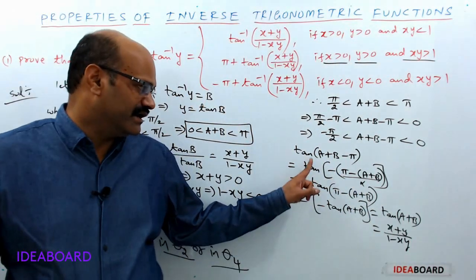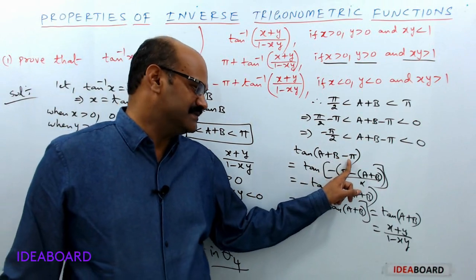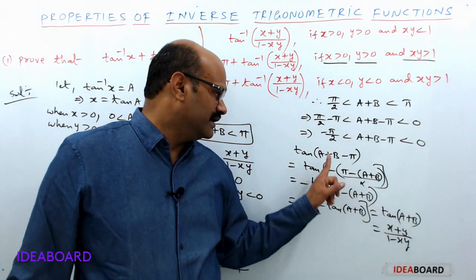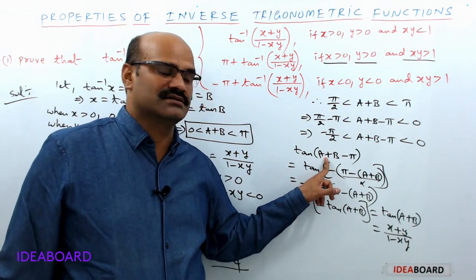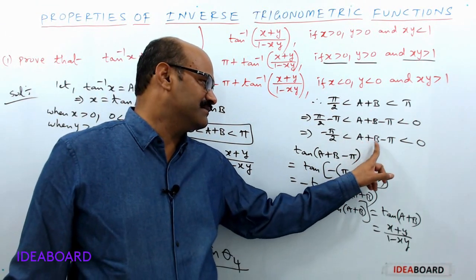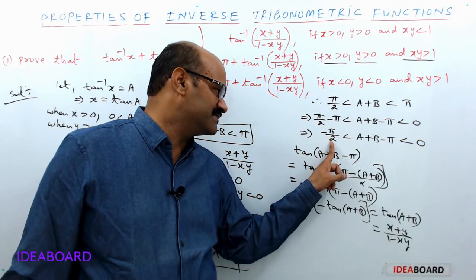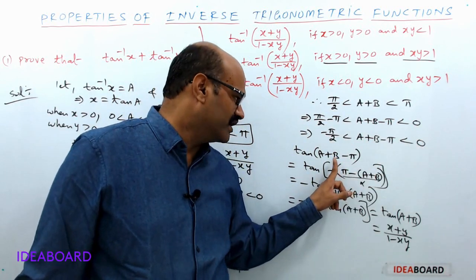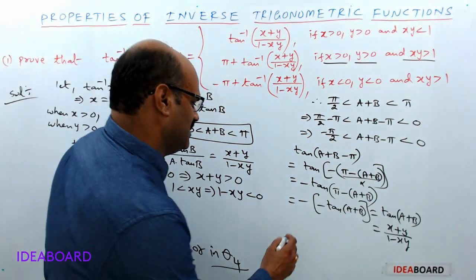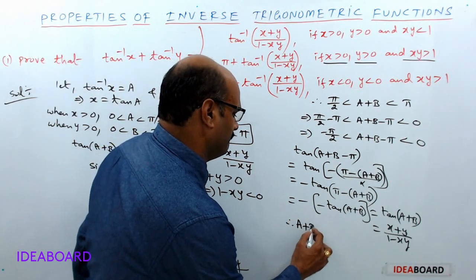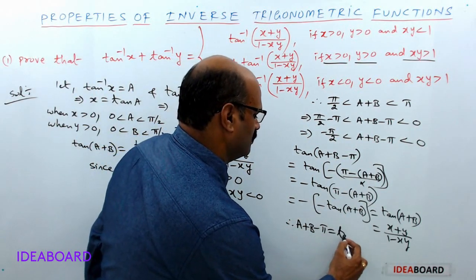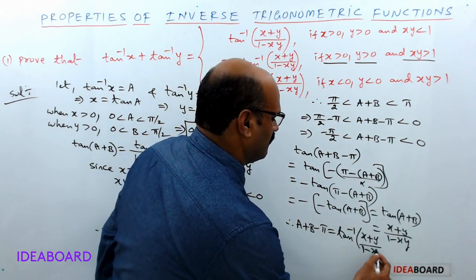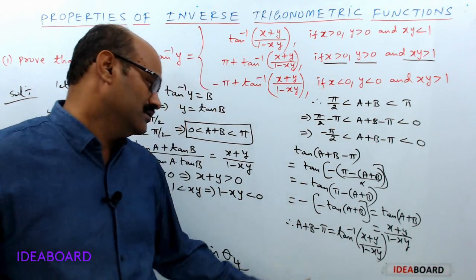Here we are getting tan of a plus b minus pi equal to x plus y by 1 minus xy. Inverse of this function exists because a plus b minus pi lies between minus pi by 2 and 0. Therefore, a plus b minus pi equal to tan inverse of x plus y by 1 minus xy.